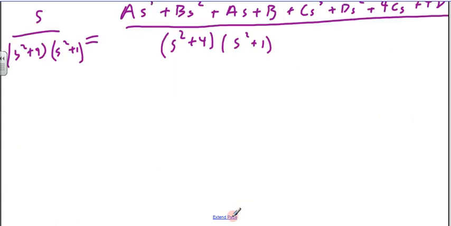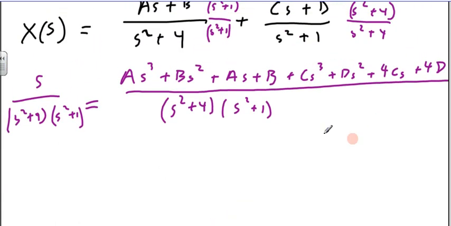Now, the unit term, the s term, the s squared term, and the s cubed term are all linearly independent of each other. And so we use that, and we say, well, what is the s cubed term? That'd be a plus c, and it has to be 0 because there is no s cubed term. And we look at the s squared term, and that's b plus d.